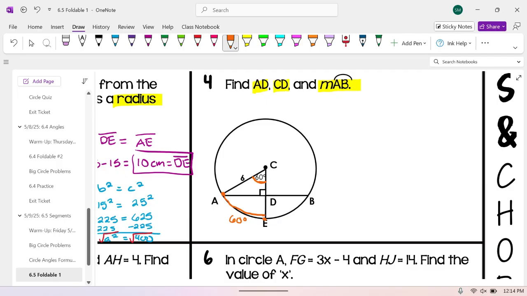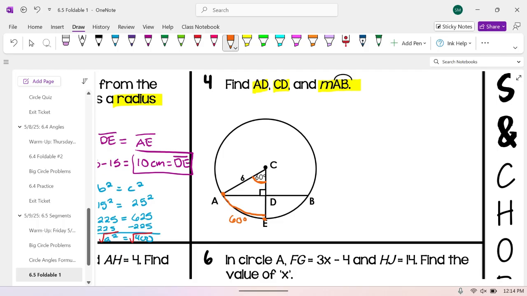Now, that being said, we know that if a radius, which is CE in this case, cuts a chord perpendicularly, which is AB, what's true about that chord?